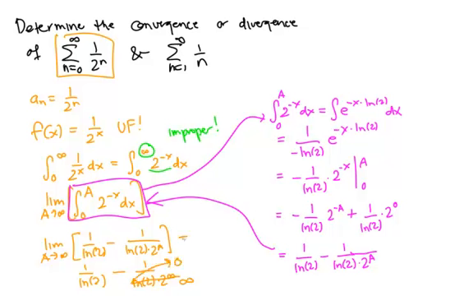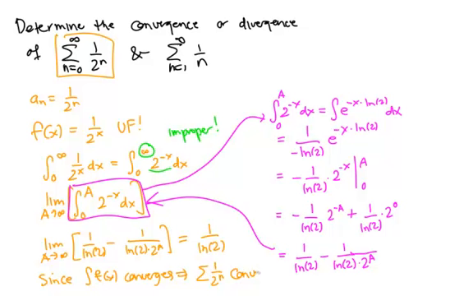And so we get a value of 1 over ln of 2. Since the integral of the underlying function converges, that tells us that the series 1 over 2 to the n also converges. But it doesn't tell us what to.